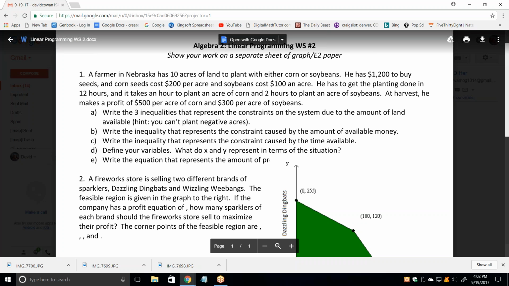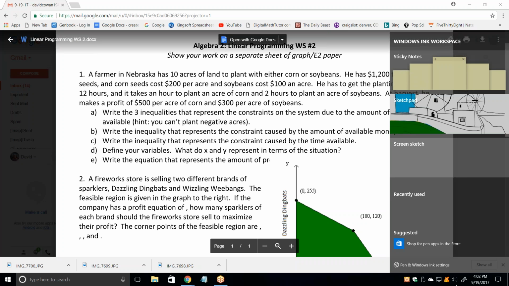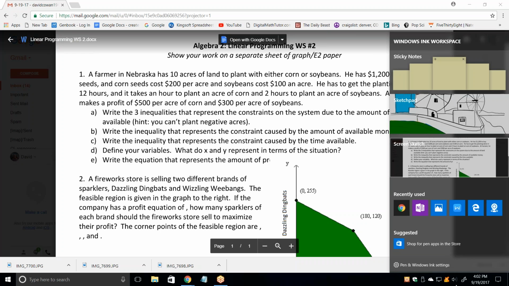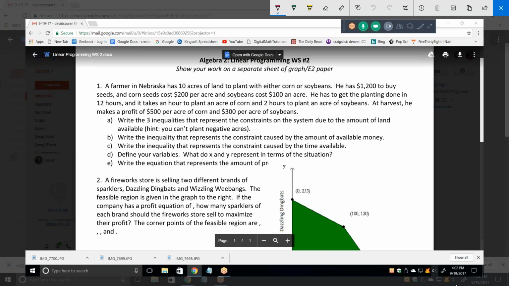Much like all word problems, the first thing you have to do is what they suggest you do in D, which is interesting. There's absolutely no way you can do A, B, or C unless you do D first.